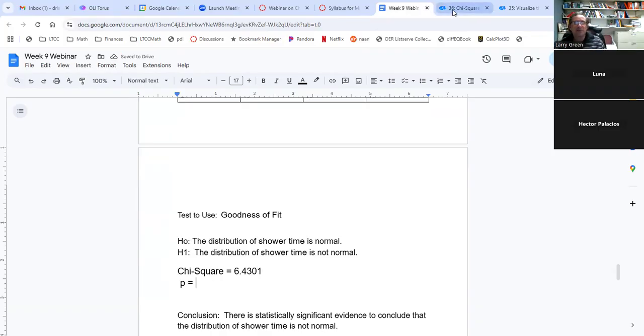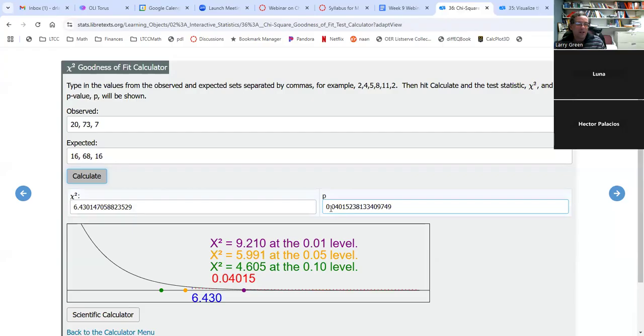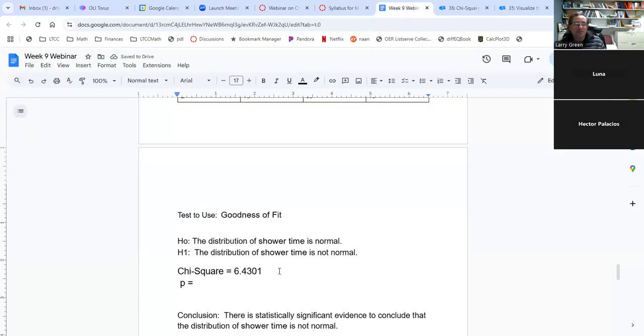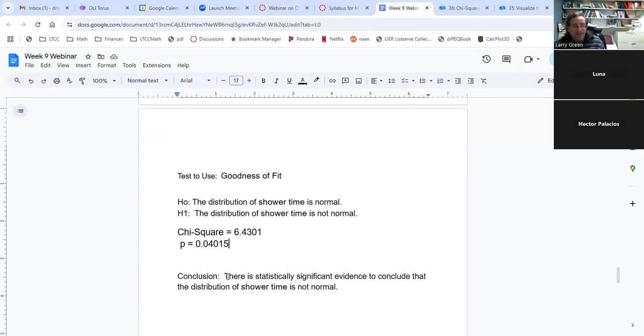And the p-value was 0.04015. Okay, notice this is less than 0.05, but it's not less than 0.01. So you can't say there's strong statistically significant evidence, but we can say there is statistically significant evidence to conclude that, and then you just copy and paste H1. The distribution of shower time is not normal.